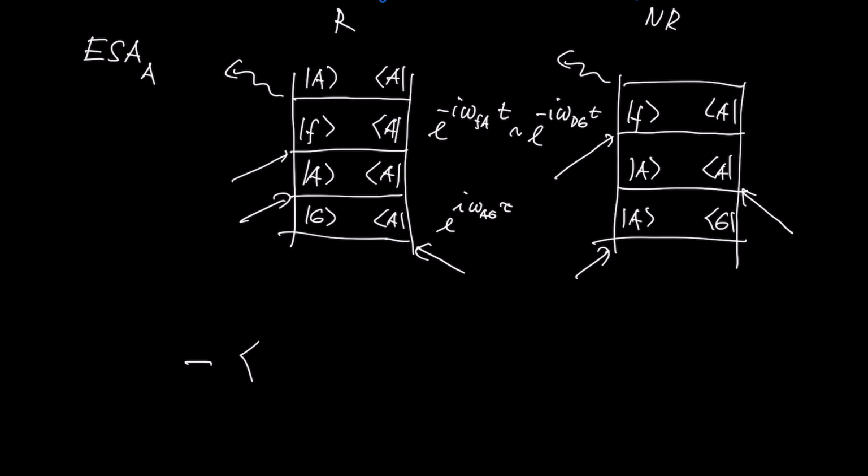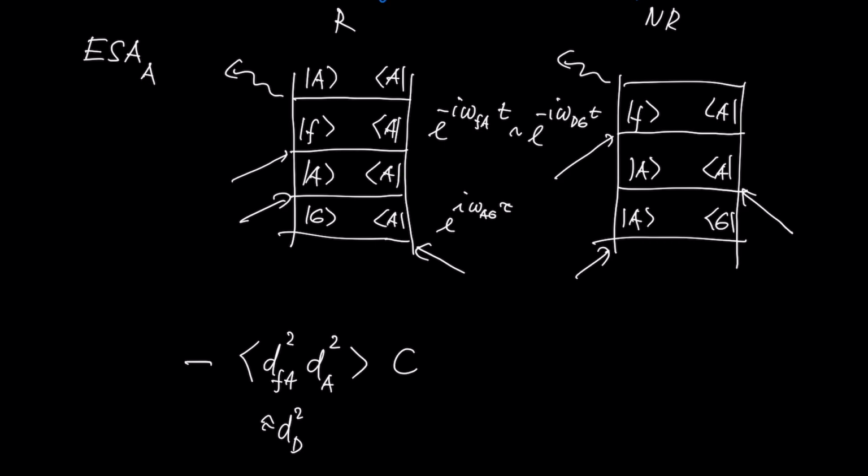There is a transition from G to A, so that's dA, and it's twice there, and then there is dFA also twice. We've already identified this with D, the transition dipole moment on the molecule D, but let's still write it as FA.